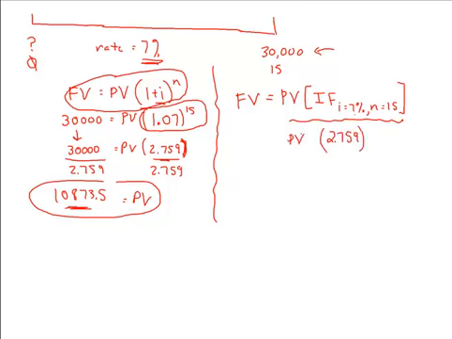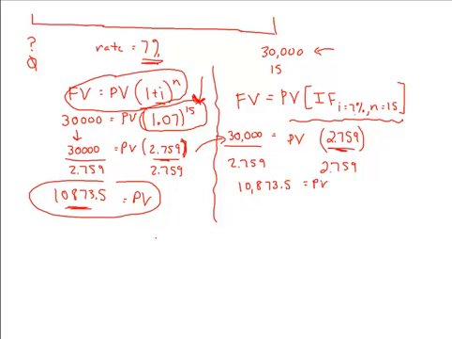Multiply it by the present value, and then set it equal to the future value, which is the 30,000. And you'll see that gives me the same thing that we had a moment ago. It's just that I didn't have to calculate the interest factor like I actually did for the first time. I looked it up in a table. So then you just, again, divide both sides by that interest factor, and that would give you your present value.